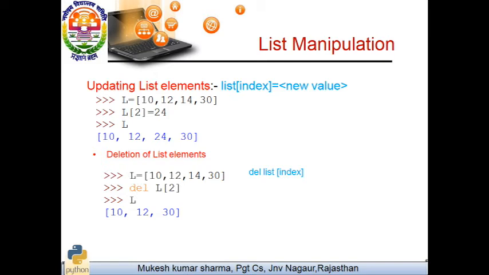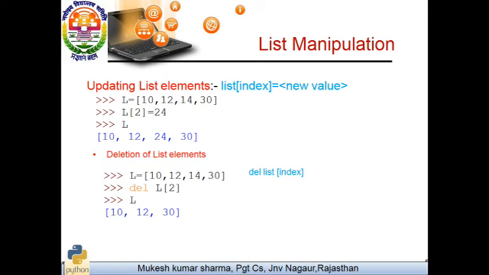Now we can update a list element. If we want to update the list, then we have to use the position of the index whose value is to be changed. For this, we will use the syntax list square bracket index equal to new value.